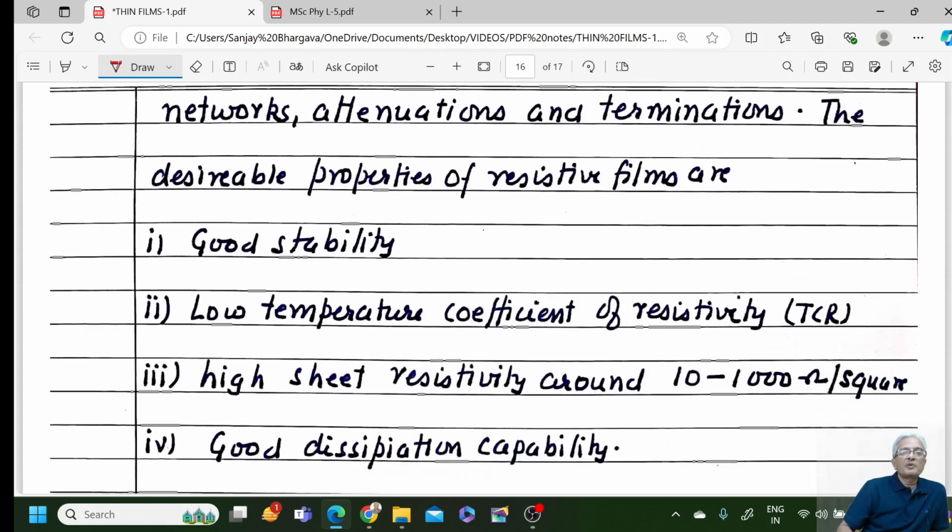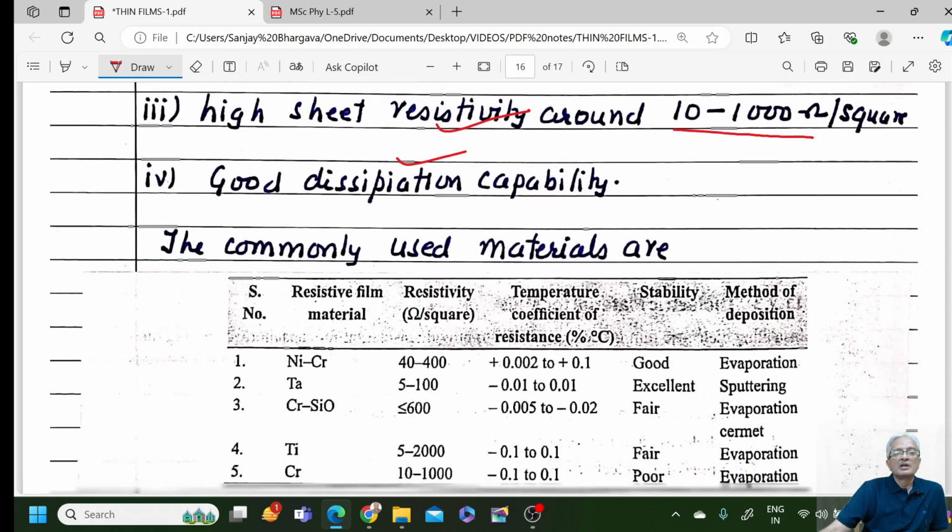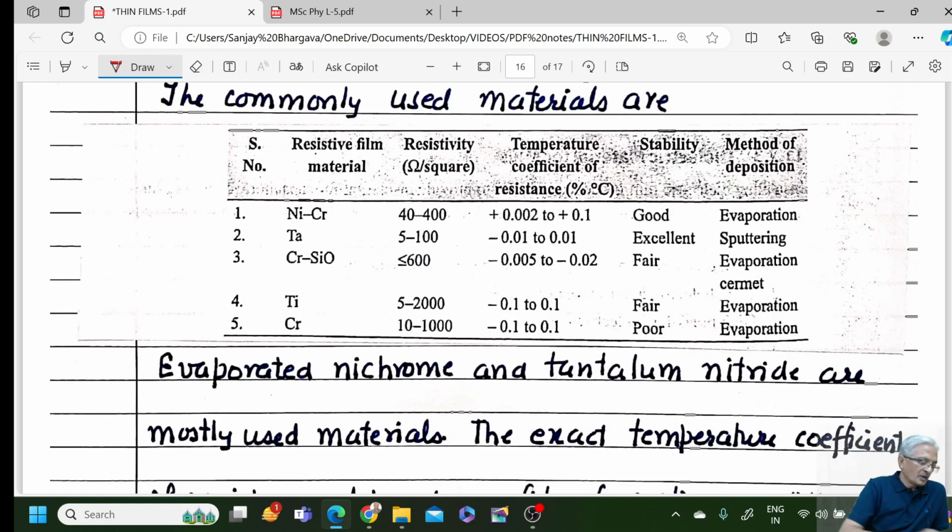The desirable properties for the resistive films are good stability, low temperature coefficient of resistivity, high sheet resistivity, say around 1000 ohm per square, and good dissipation capability, must be able to dissipate heat as far as possible. The commonly used materials are nickel chromium, chromium SiO, Ti, Cr, and the various properties, that is resistivity, temperature coefficient, their stability and their methods of deposition are given in this table.